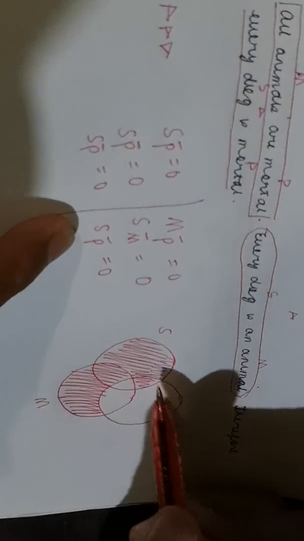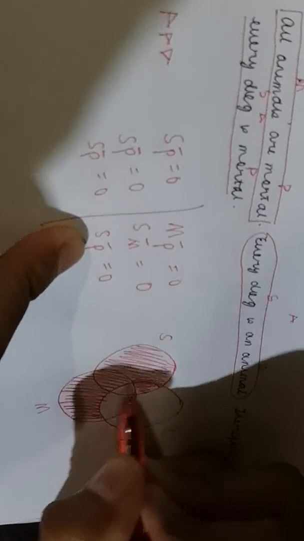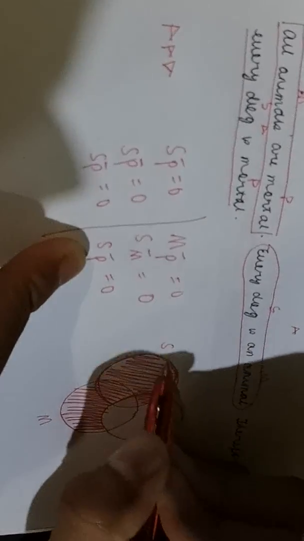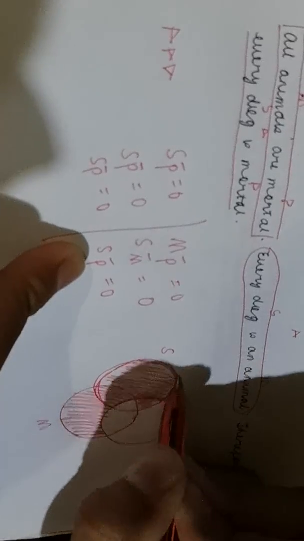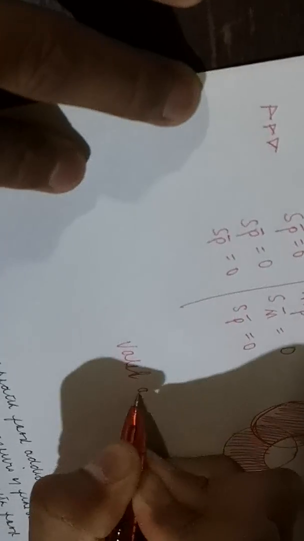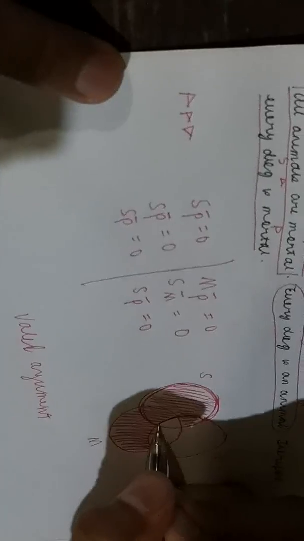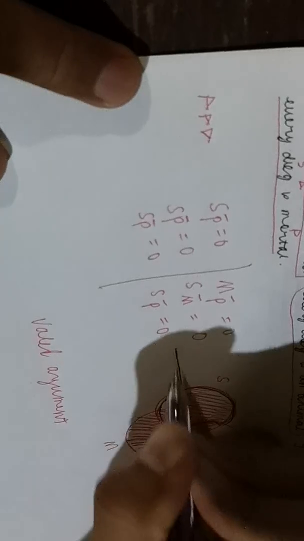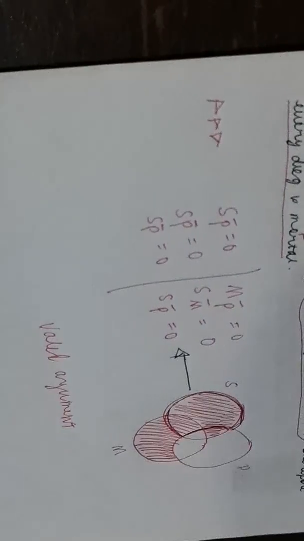That should be S not P equal to 0. So that's this area. S not P must be equal to 0. So that should technically be shaded. So the entire argument is a valid argument. Why? It's valid because this area, which is S not P, is shaded, therefore equal to 0. Okay?